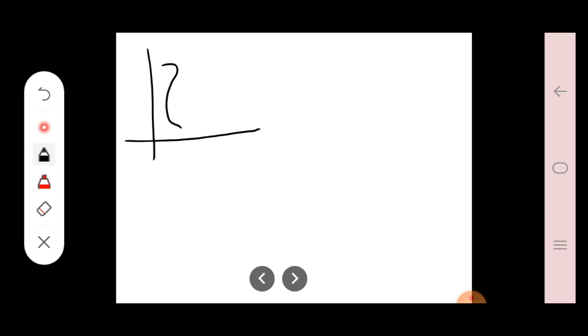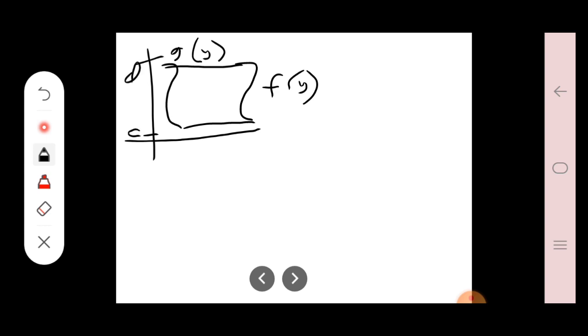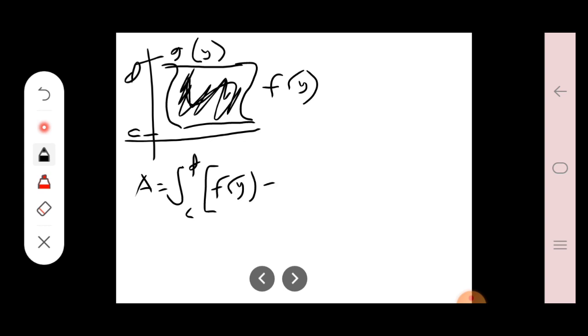This is g of y, and this is f of y, going from C to D. Instead of taking the top function minus the bottom function, we take the integral from C to D of f of y minus g of y dy.